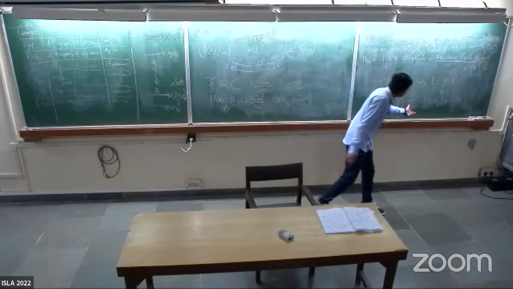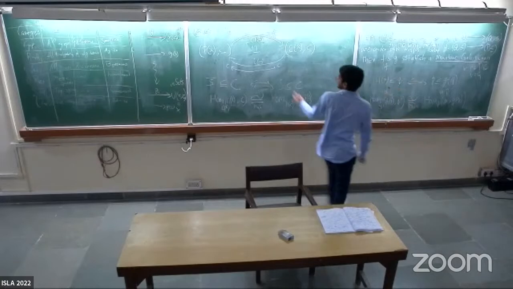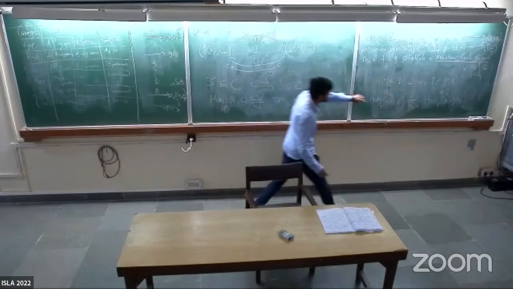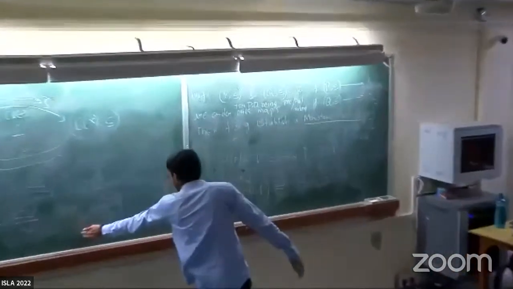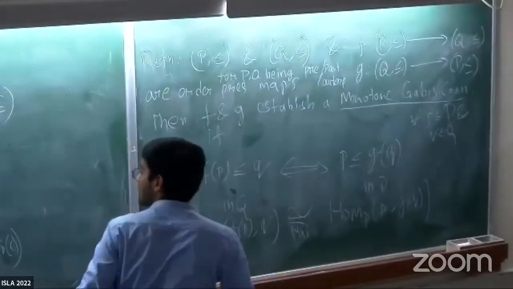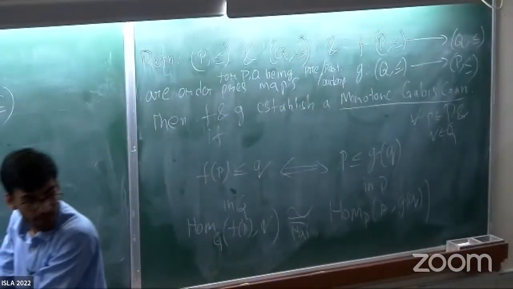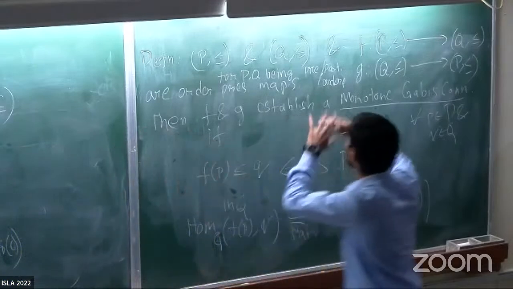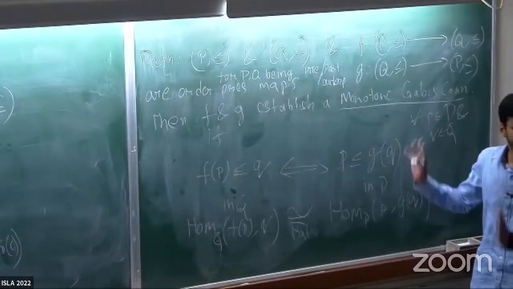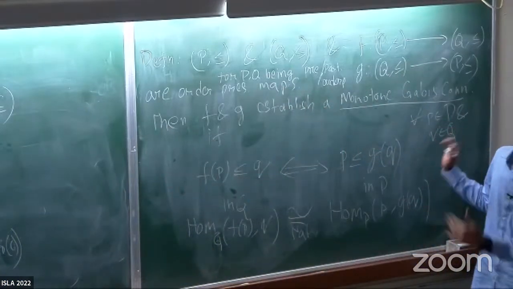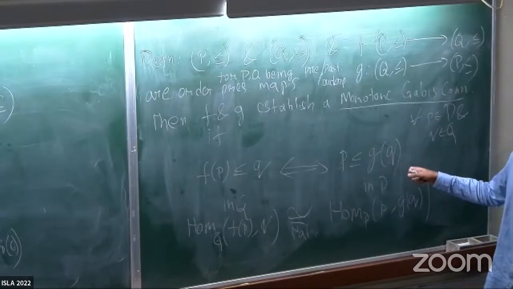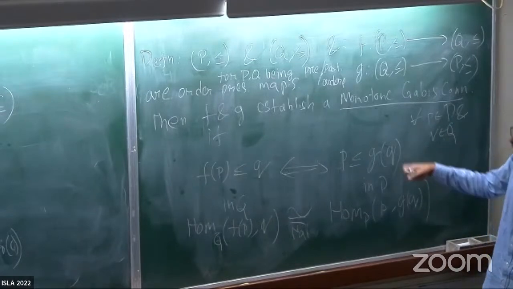So this is a monotone Galois connection, and this is also an example of an adjoint functor, and the whole class of monotone Galois connections forms a good example of adjoint functors.